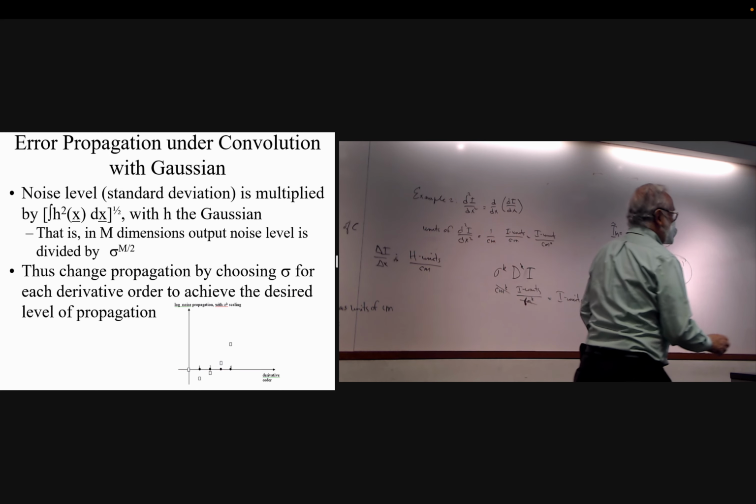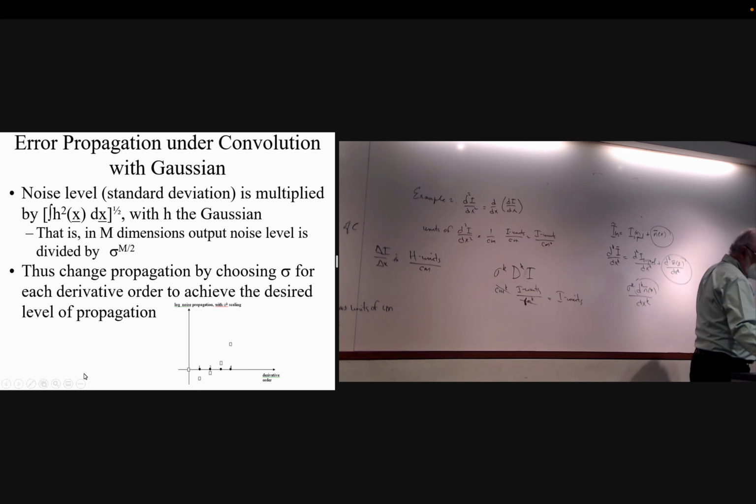And the second derivative is still a fraction, but not as small a fraction, but still better than the noise level in the sigma squared times the second derivative is still better than sigma to 0 times the 0th derivative.